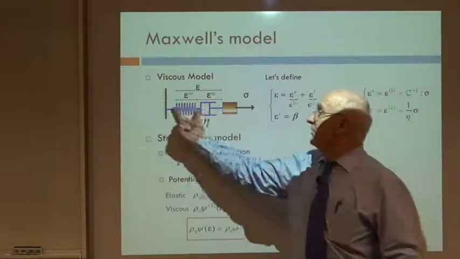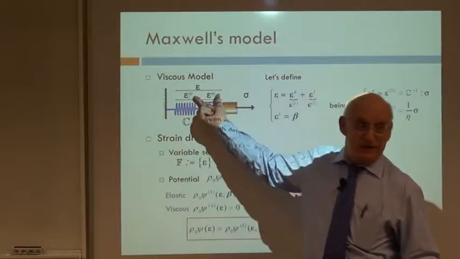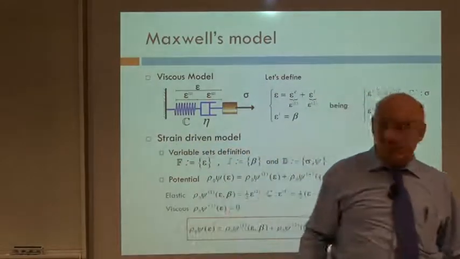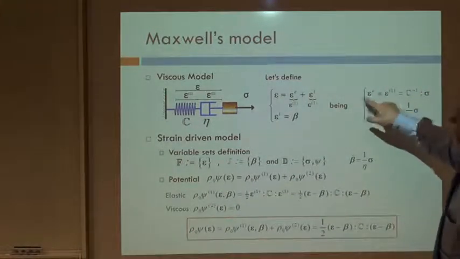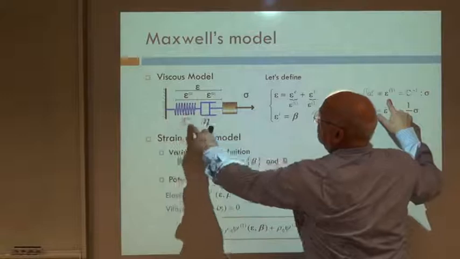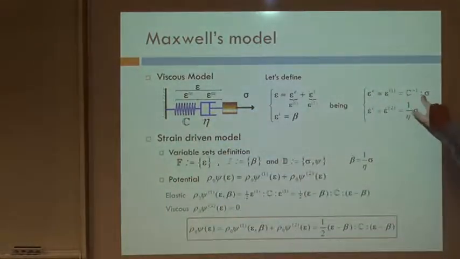Every element of the model has a different strain, but the stress is common. So we can say that strain epsilon 1 would be the inverse of the elastic modulus, C minus 1, times the stress.